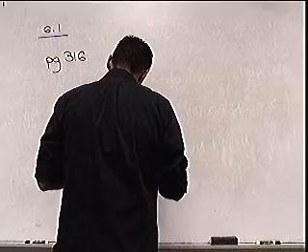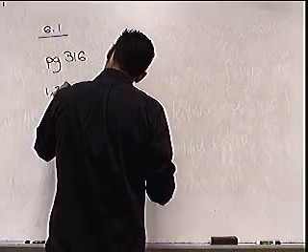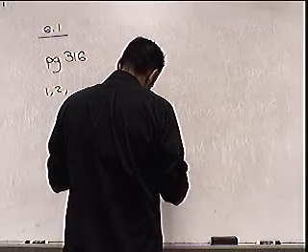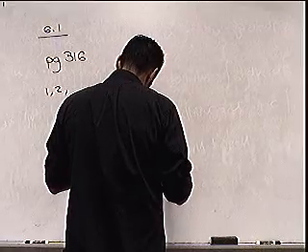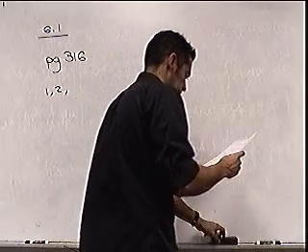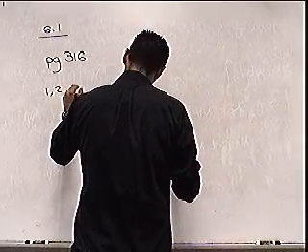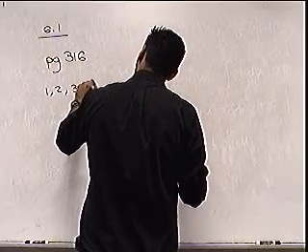And you should do 1, 2. I did 6, 8, and 10, right? So why don't you do 1 and 2. And then 3 through 9 odd.